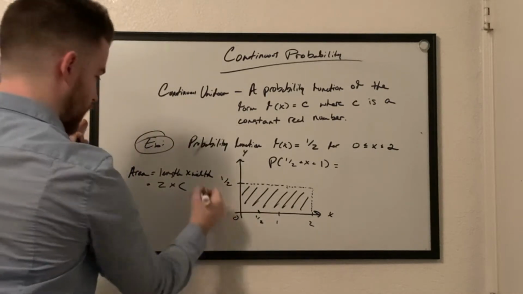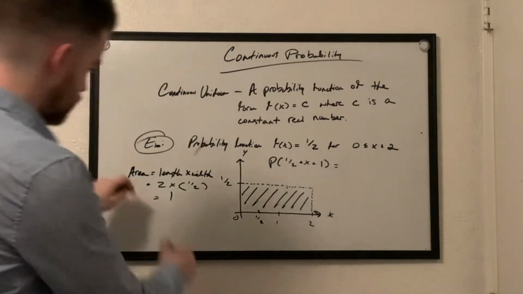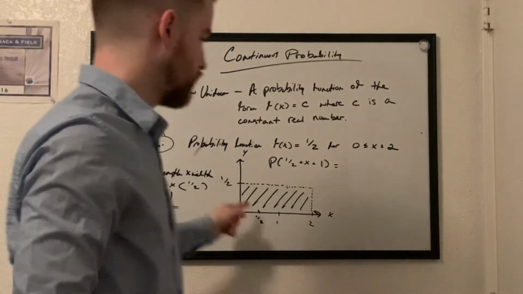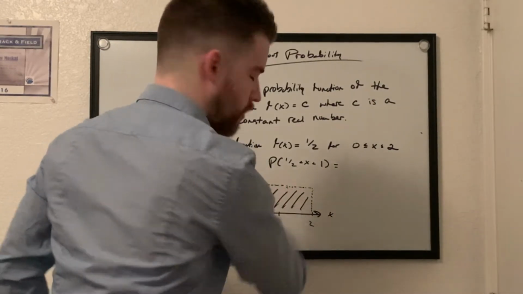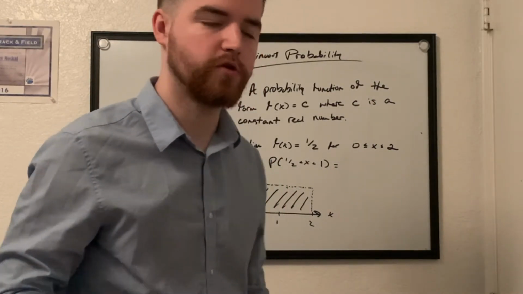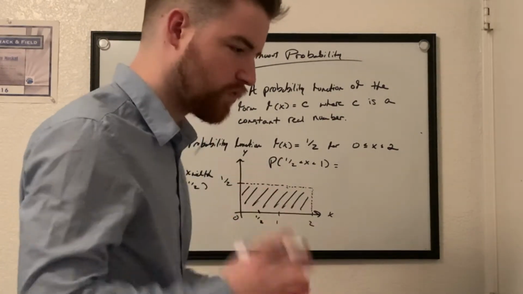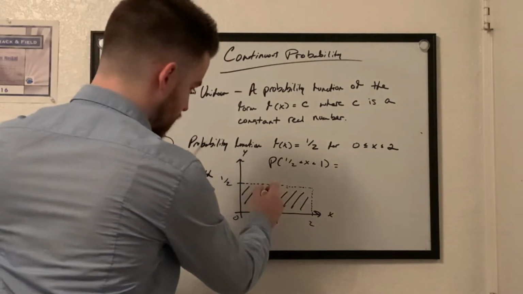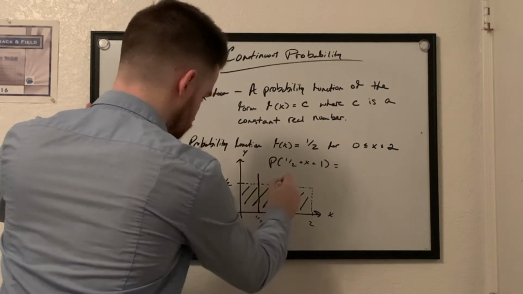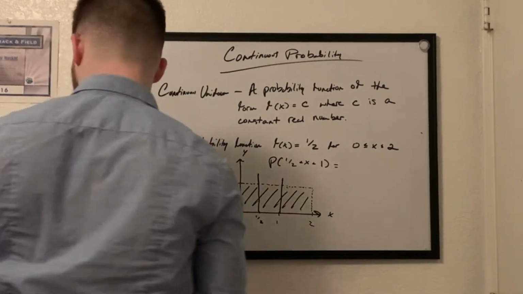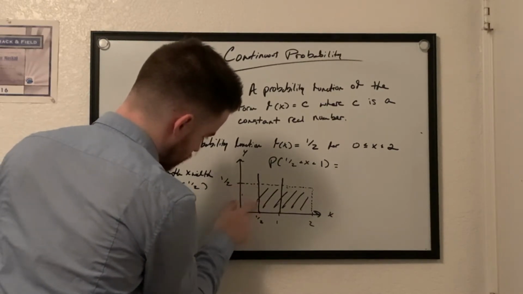Our width is 1/2. 2 times 1/2 is equal to 1, so it satisfies the law of total probability. This area is all the possible observations you could have. The probability that we're in between 1/2 and 1 is simply that portion of the brownie cake, from here to here. So we're really only concerned with this part.